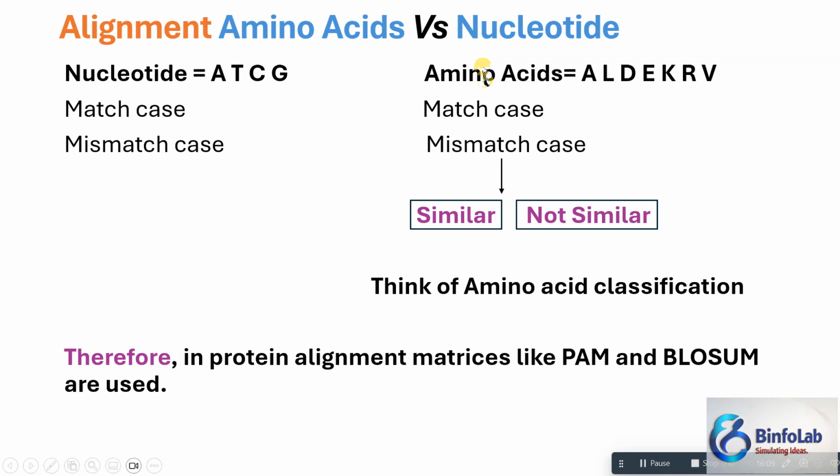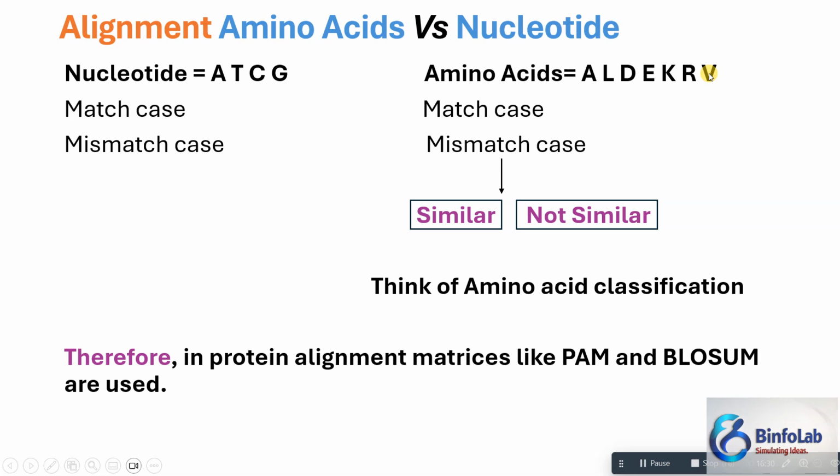But what about amino acid sequences? In amino acid sequences, we have 20 different types of amino acids. I mentioned seven of them: alanine, leucine, aspartic acid, glutamic acid, lysine, arginine, and valine.